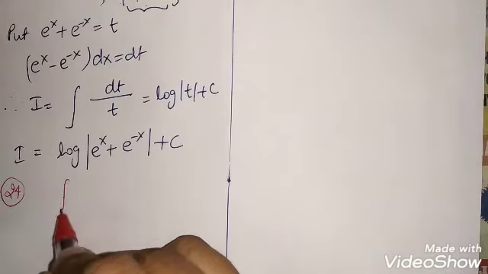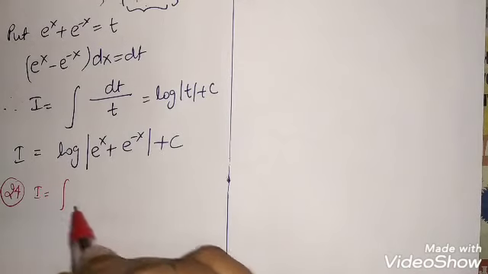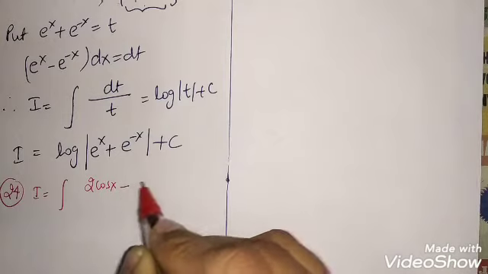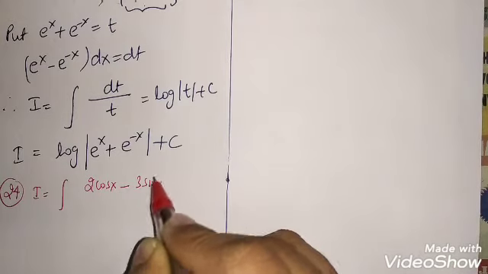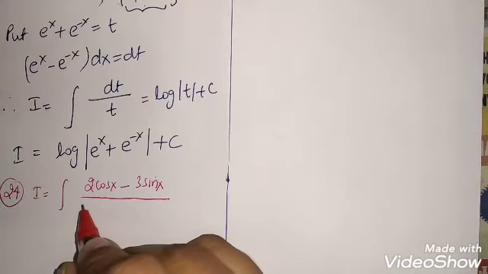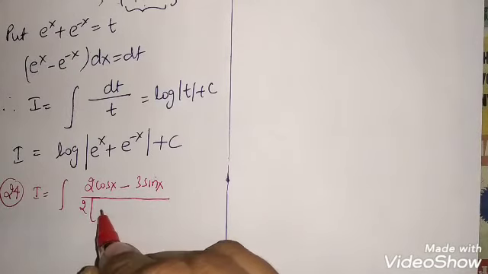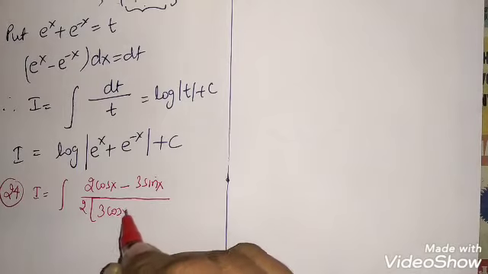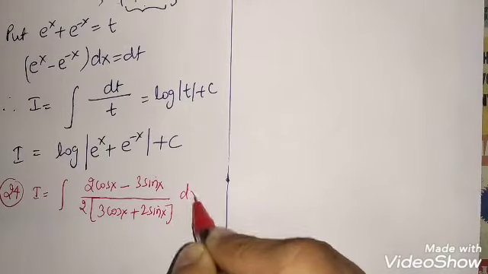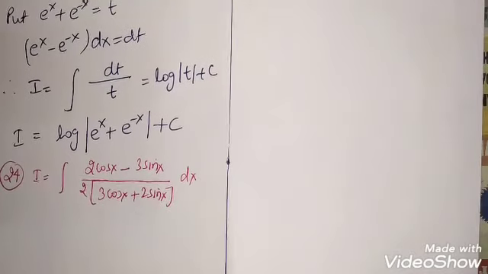I is the integral of 2 cos x minus 3 sin x upon 6 cos x plus 4 sin x, dx. I can take out 2 common from the denominator: 3 cos x plus 2 sin x. See once again, this is 2 cos x minus 3 sin x upon 2 common outside, 3 cos x plus 2 sin x.